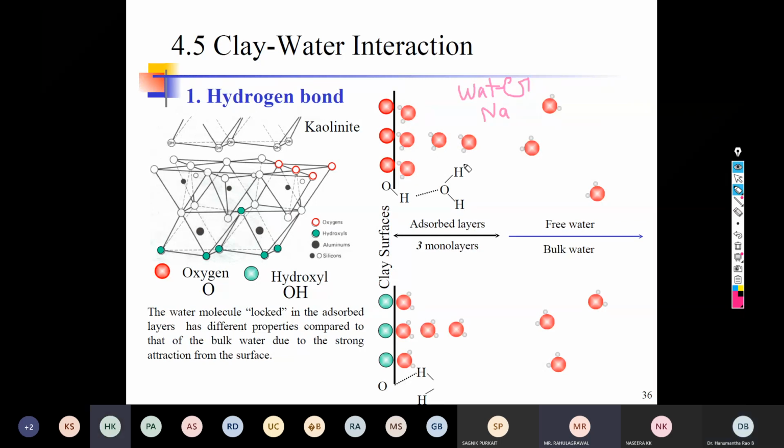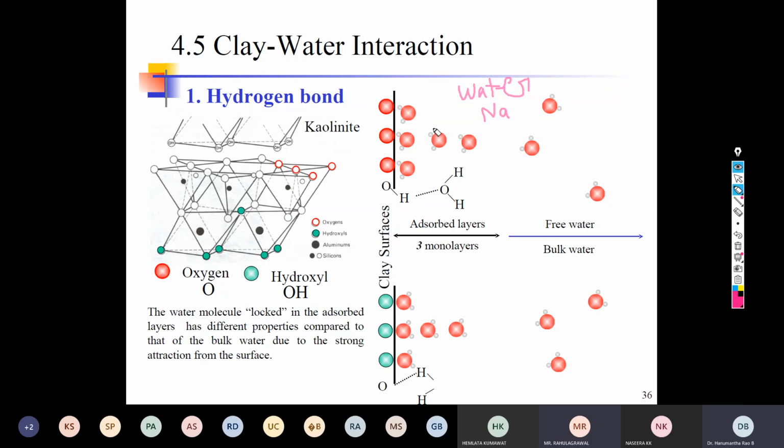There is a chance for sodium ions to get adsorbed on the surface of the layer. Exactly. When there were no sodium ions, this particle attracted only water molecules. But if the water dominantly comprises sodium ions, then the water molecules are also replaced by a certain amount of sodium.